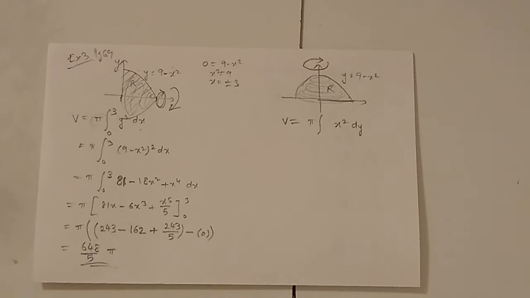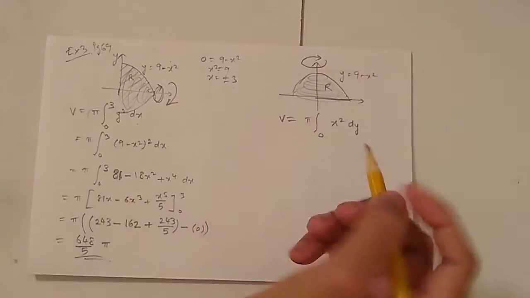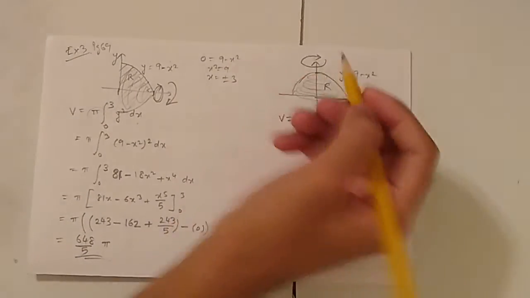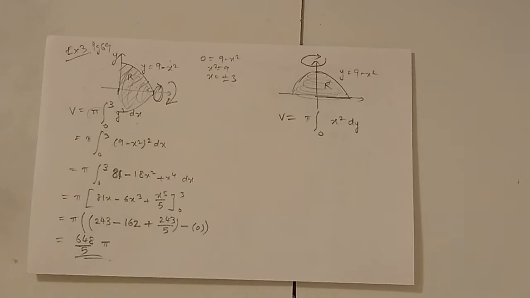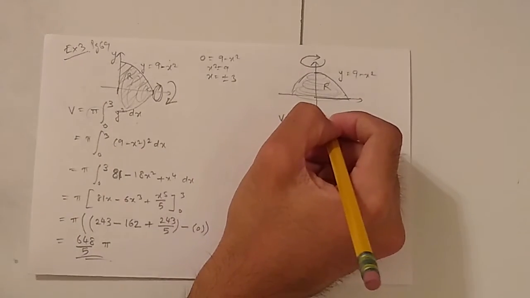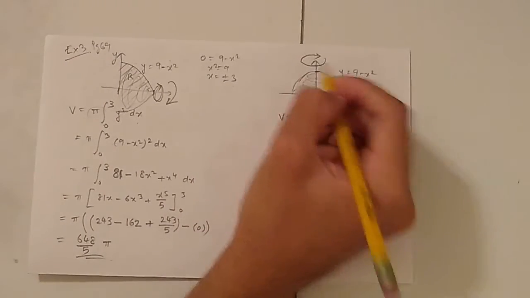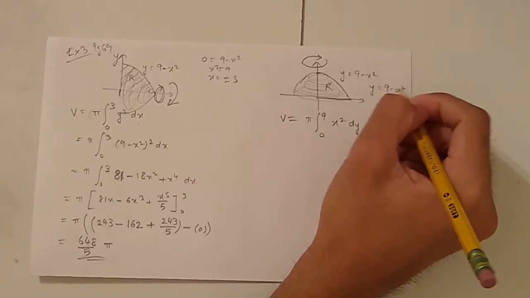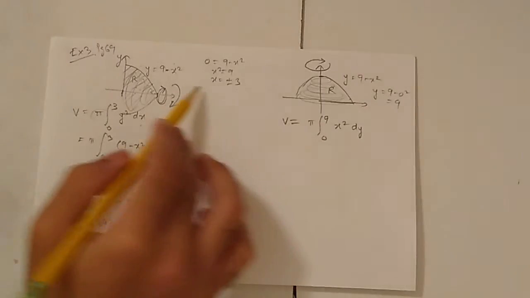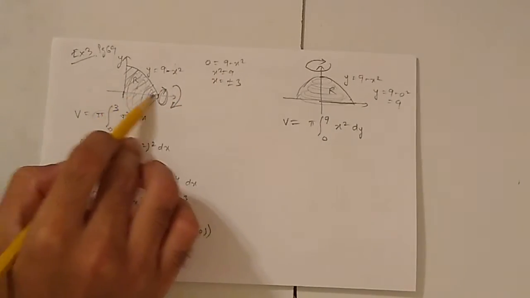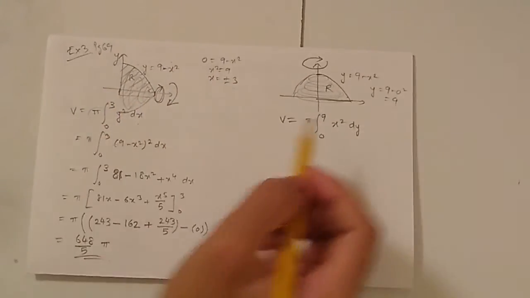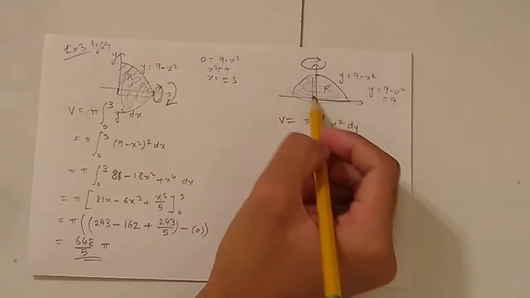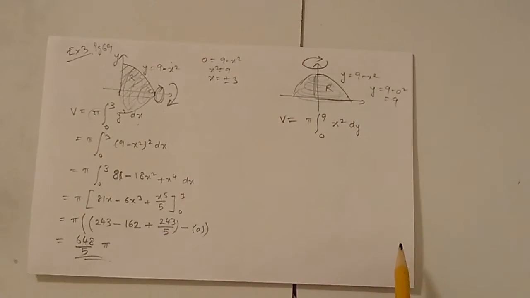The upper limit for y is going to be 9, because when x is 0, y is equal to 9. Notice that over here the limits were 0 and 3 because we're talking about x limits. Over here the limits are for y, so this is going to be 0 till 9.